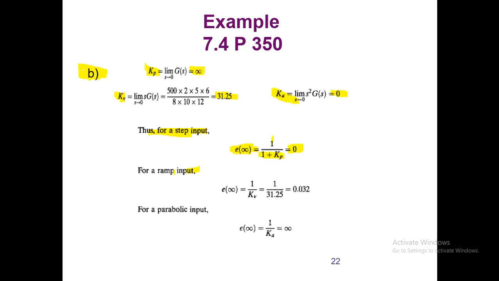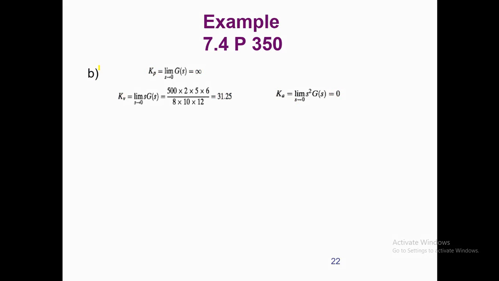Similarly, if you apply a ramp function, the steady state error equation becomes 1 divided by Kv, and this Kv is basically 31.25. If you divide this, you get 0.032 error. So the steady state error for ramp input for the second figure will be 0.032.